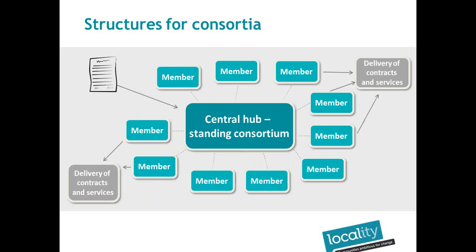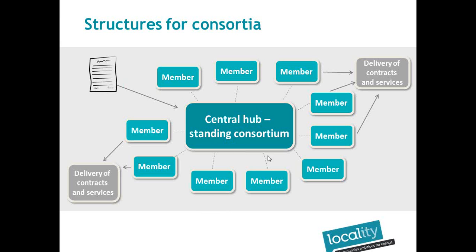And the third option we're going to look at here is what we described earlier as a super consortium, or a long-standing consortium, but where you've got a larger number of members. We've seen examples of these where there's 30, 40, 50, 60 organisations that express an interest in joining the consortium. Some sort of quality control mechanism takes place, and a central hub is established, usually as a new company, but not always, and that is the bidding machine for all intents and purposes.